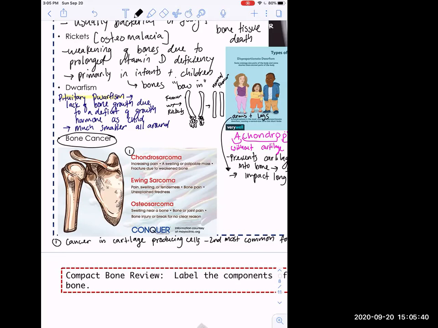The next type of cancer is called Ewing sarcoma. Ewing sarcoma is where you get tumors in the bone or soft tissue. So we're probably thinking like periosteum here, in the bone or soft tissue around bone. This is more common in children.